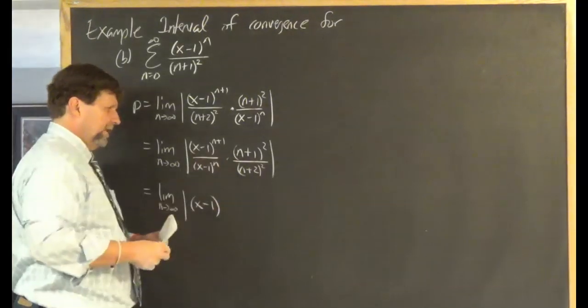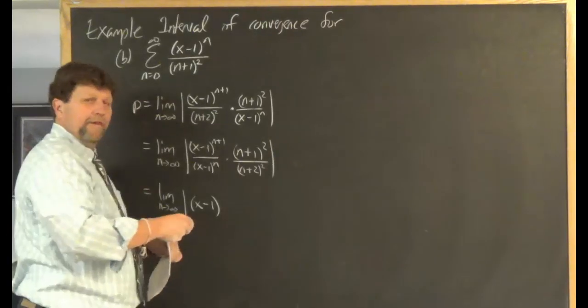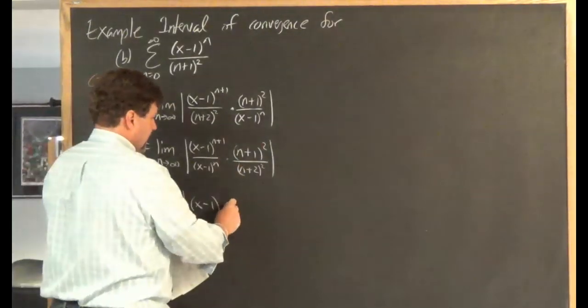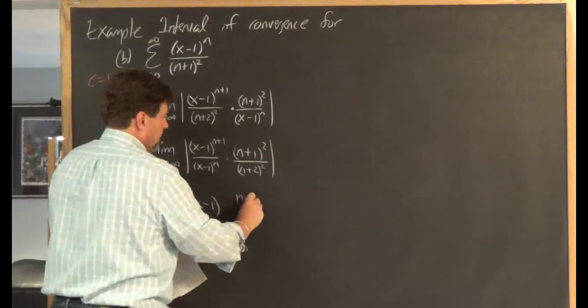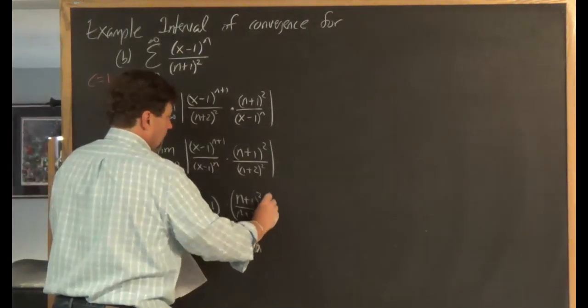What do I want to do with this fraction? I'm going to use a rule of exponents and rewrite this as (n plus 1) over (n plus 2), quantity squared.